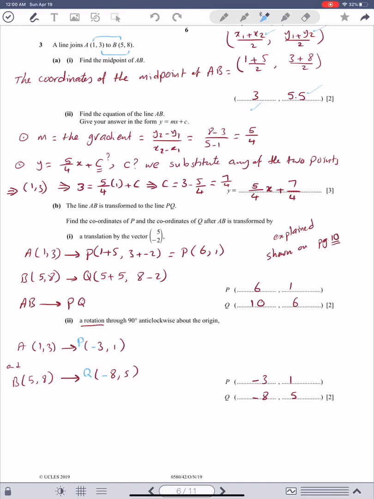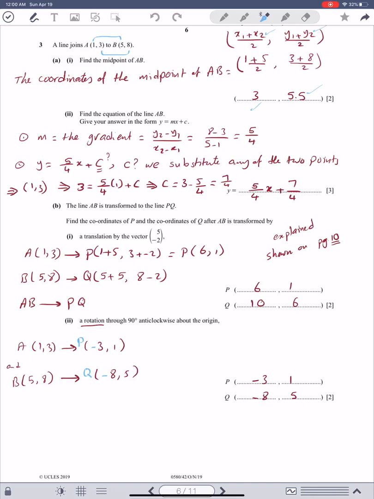Second part, find the equation of the line AB. Give your answer as y equals mx plus c. We did many questions like this with my specific students, and it will be useful for anyone watching this video.